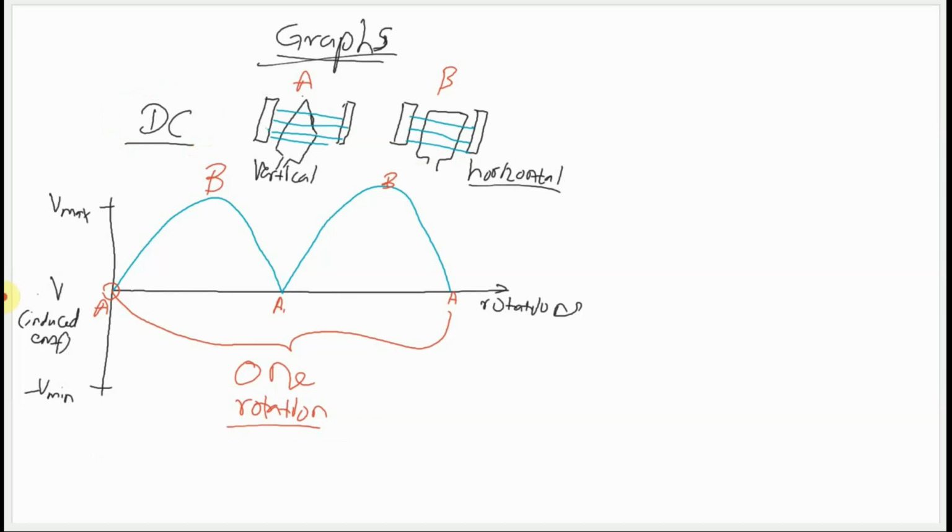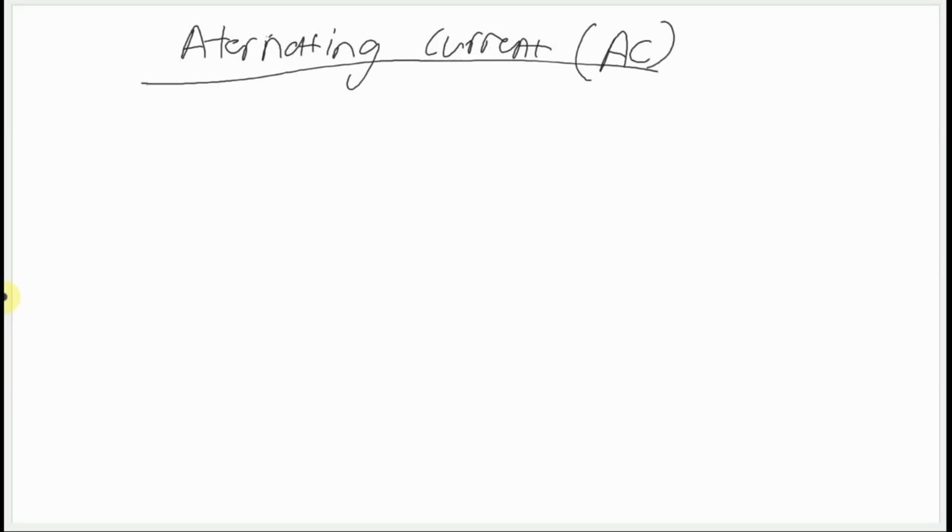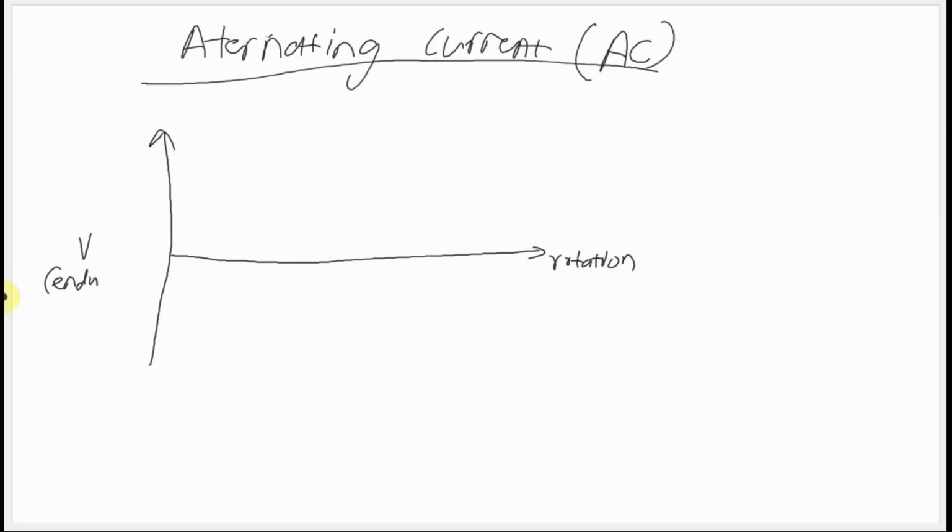Now let's go to the alternating current graph, AC. Again, you have a vertical axis and a horizontal axis. On the horizontal axis is the rotation, and on the vertical axis you have V, the induced EMF.